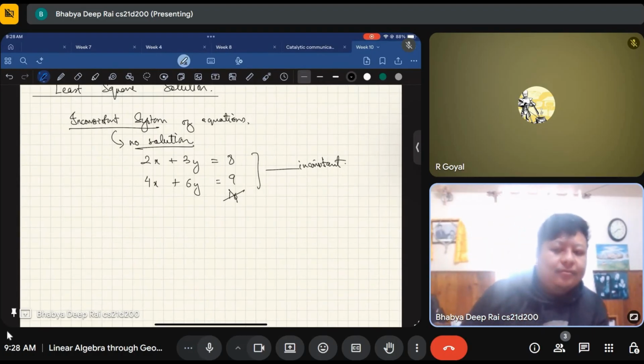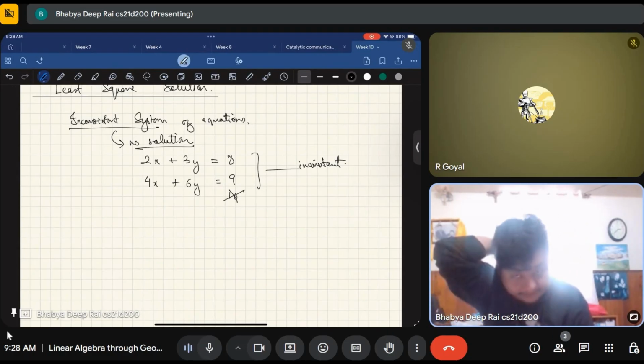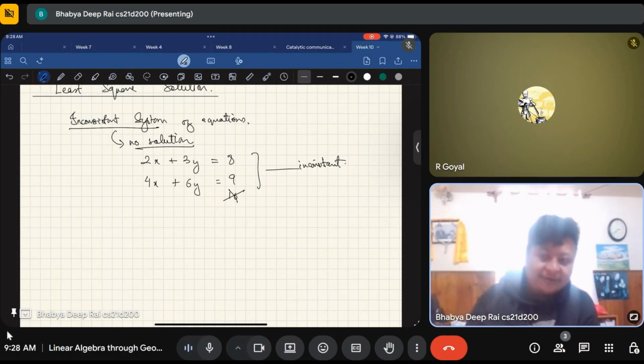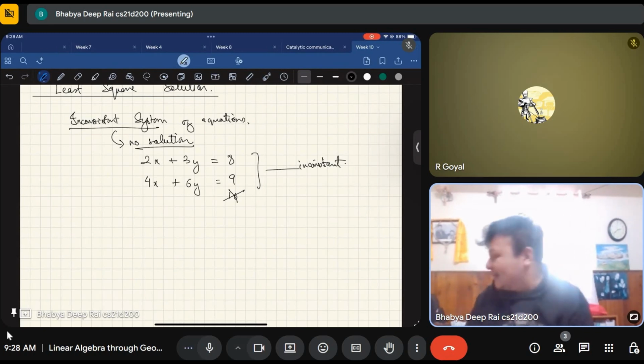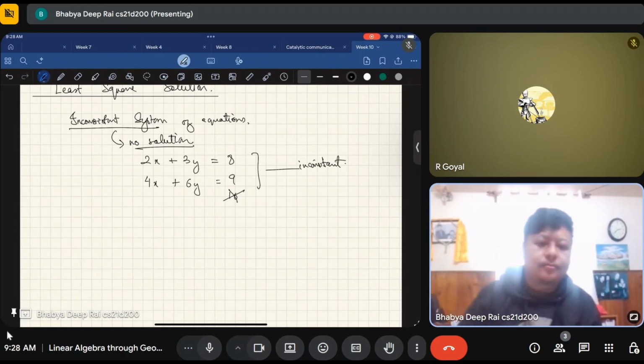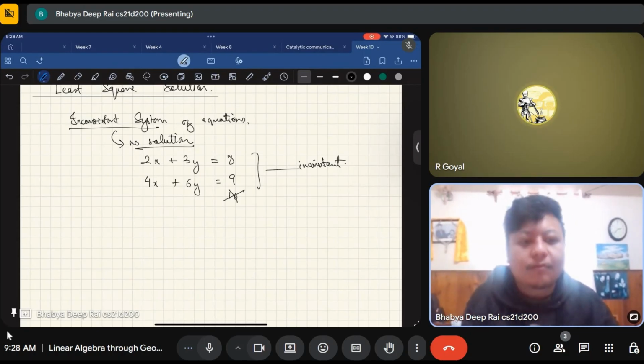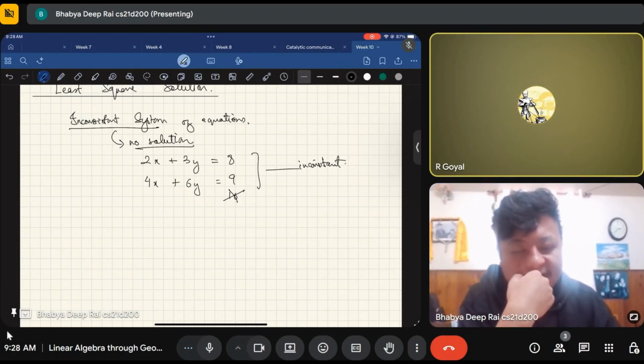Now, I would like to ask you to think about this question: what would it mean geometrically for a system to be inconsistent? That would mean there are two parallel lines.